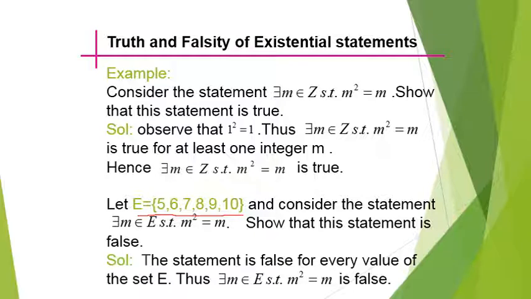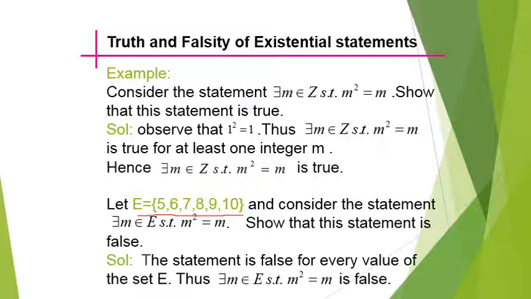That is not possible, that is wrong. For m equal to 6, we have 6 square is equal to 6, that is also not possible. And for all other values 7, 8, 9 and 10, we have m square is not equal to m.